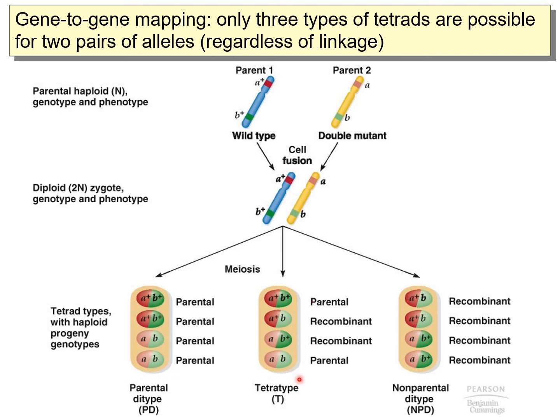Or we may get this kind of tetratype, where two are similar to the parental genotype, whereas two are recombinant. And we may get the recombinant, which we call a non-parental ditype. Details about this we'll study further.